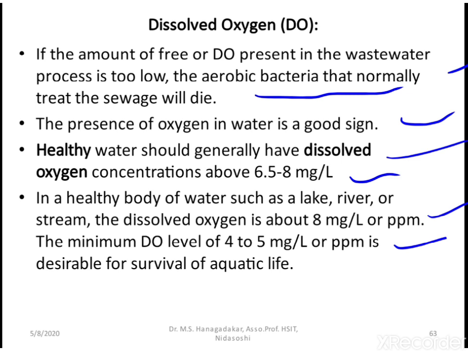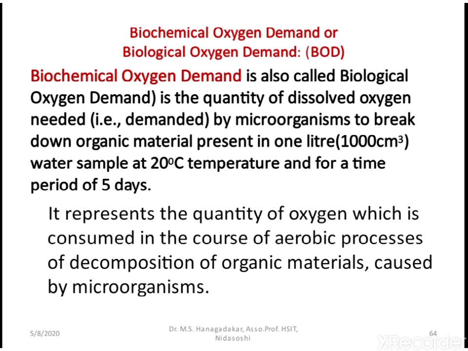If the dissolved oxygen level comes down below 4 milligram per liter or ppm, the survival of aquatic life becomes very difficult. That causes the death of the microorganisms or living organisms in the water bodies. Hence, the quality of water becomes poor if the dissolved oxygen level is reduced too much.